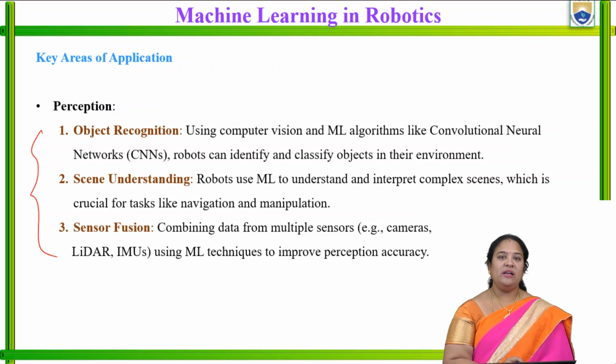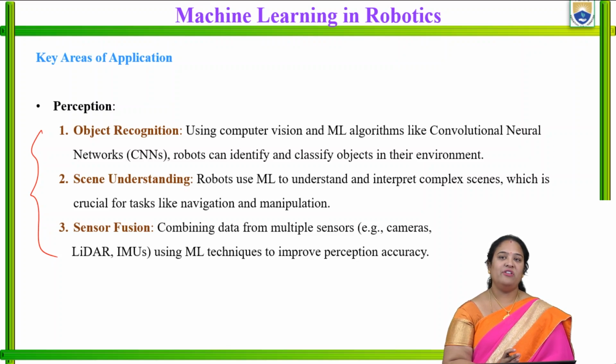Neural networks, that is CNN, make it easy for the robot to identify and classify the objects in its environment. With the help of a CNN, it becomes easy for the robot to identify whatever surrounds it in its environment. So that is very important in terms of object recognition.